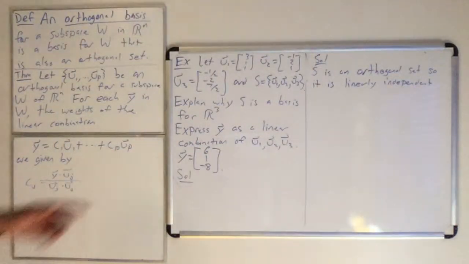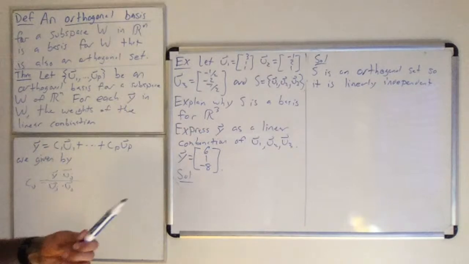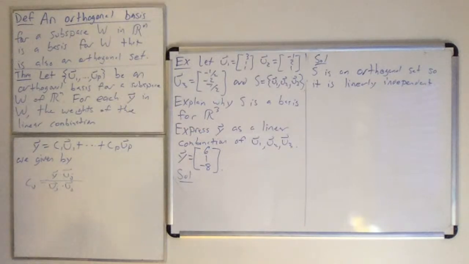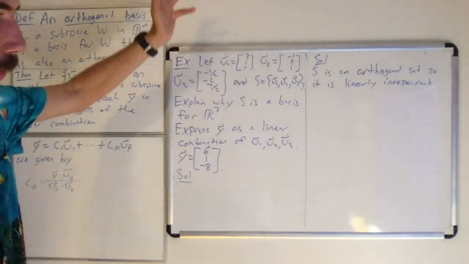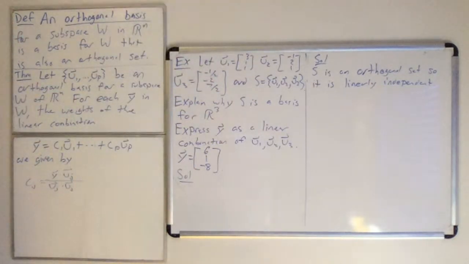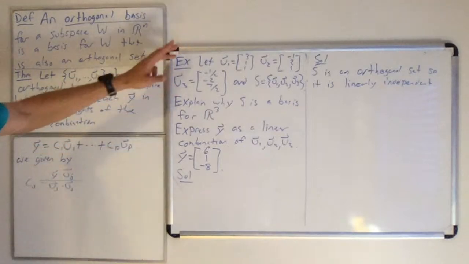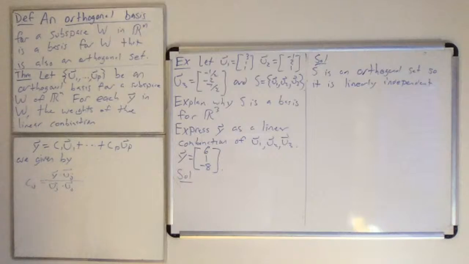And now, how do we know that it spans R3? Well, we could put this in a matrix and row reduce and see that we get the identity matrix. Another fact we could use is any three linearly independent vectors in R3 are automatically a basis.